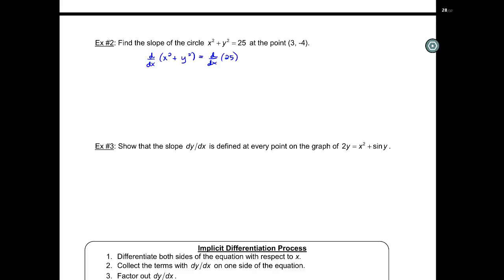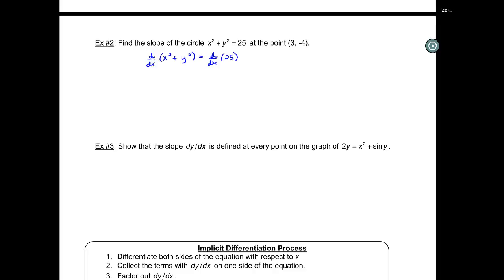I get confused because sometimes it's dy over dx and sometimes it's d over dx. So is that x squared plus y squared? The d/dx is just what I'm doing to both sides. Whenever I see d/dx, it means I'm going to take the derivative of whatever with respect to x.